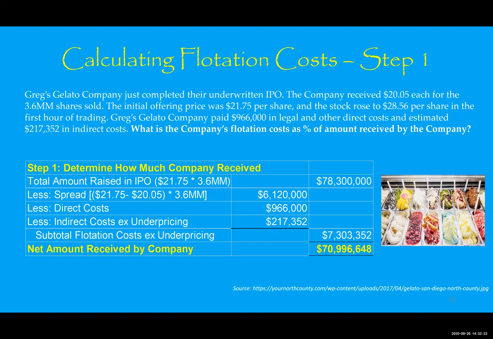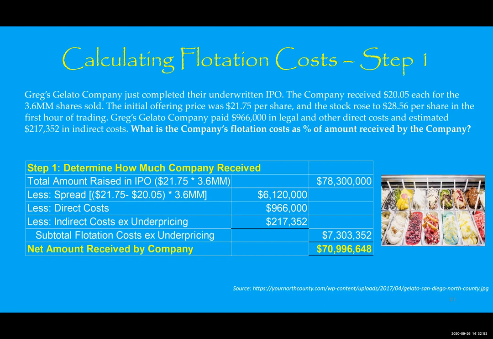Then we have other direct costs that must be paid of $966,000, and the company has estimated about $217,352 in indirect costs, excluding the underpricing, which I'll explain in a bit. So you can add up all the flotation costs, excluding the underpricing, and you get $7,303,352.